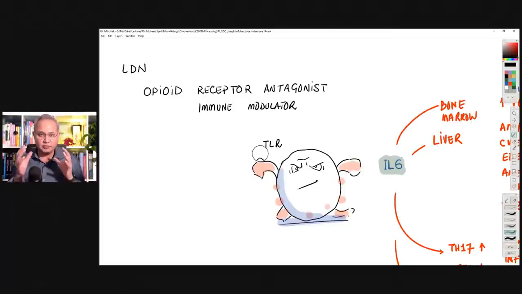So it has immunomodulatory effect. And once we go through the mechanism, I think you'll feel how magical this drug is and why it is used for chronic diseases. Nowadays, I believe it is very much applicable for long COVID-like disease as well.